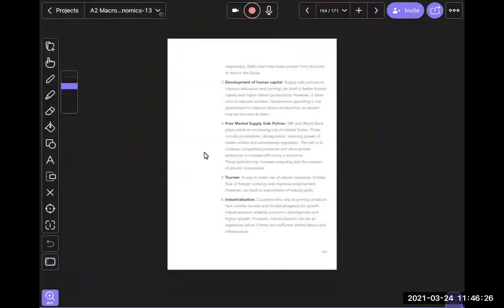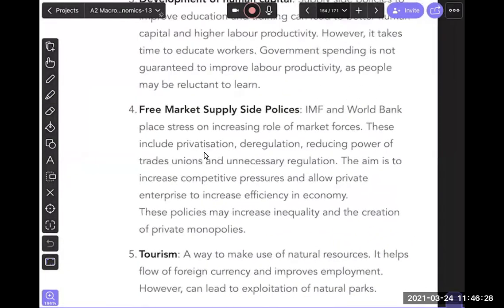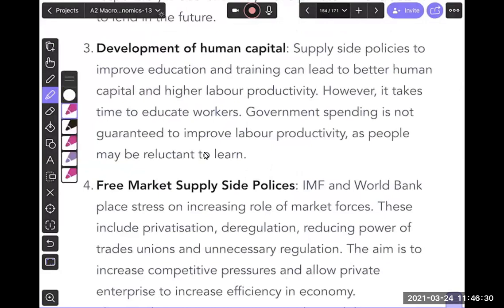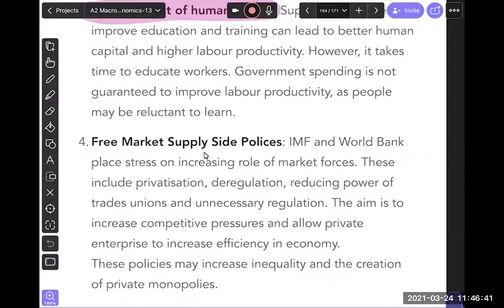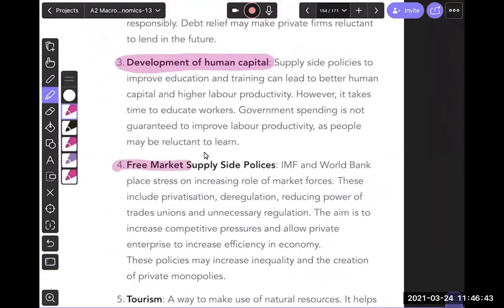Third one is education, which is development of human capital. That's another important factor. When you are investing in people, it can lead to economic development and growth. Similarly, free market supply side policies basically allow markets to operate more freely. Let there be more privatization, deregulation, reducing power of trade unions, and removing any unnecessary regulation.